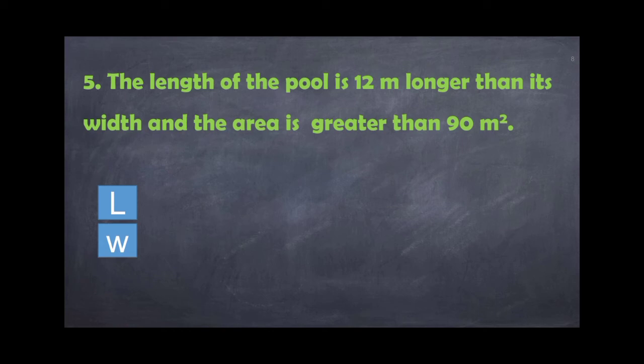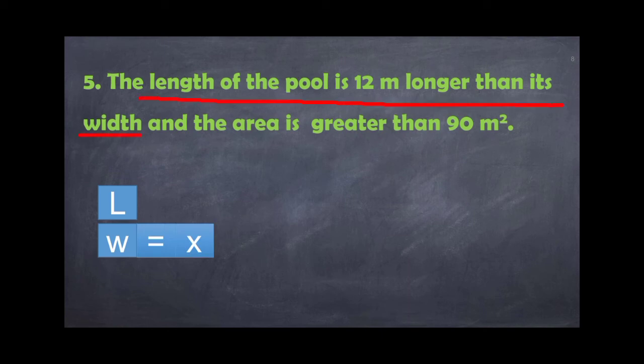And to get the area of the pool, syempre, we are going to multiply the length and the width. Pero dapat alam natin ang width at saka ang length ng pool na ito. So, hindi given ang width, so we are going to represent the width by x.